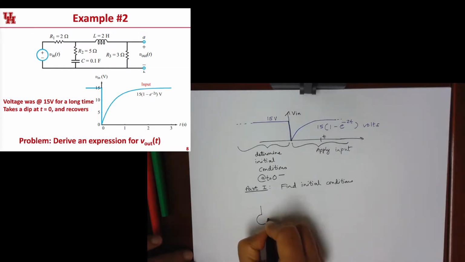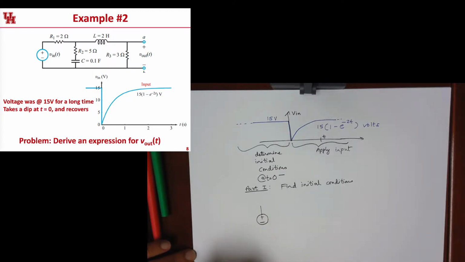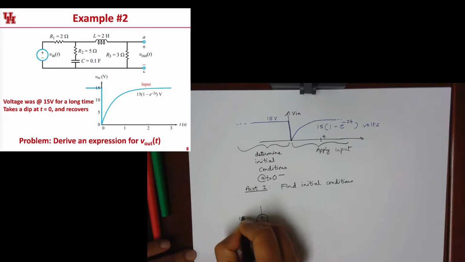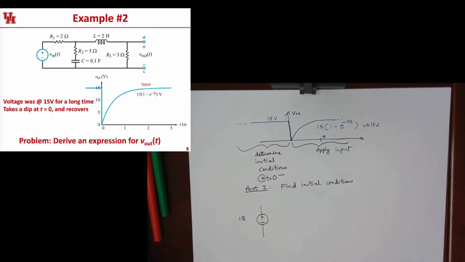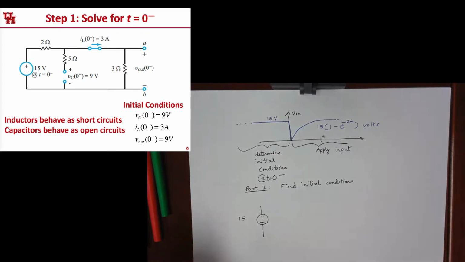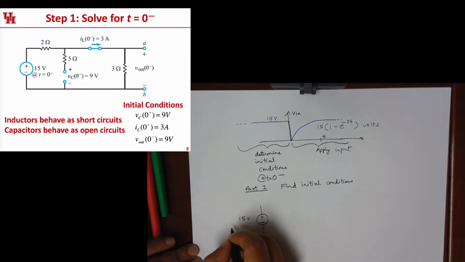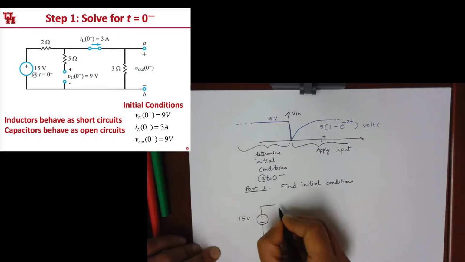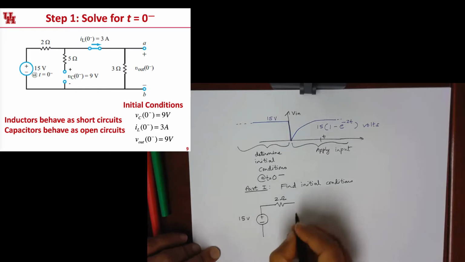We're going to have an input voltage, and this is going to be 15 volts. Then we have this resistor, which is 2 ohms, and a resistor here, which is 5 ohms.